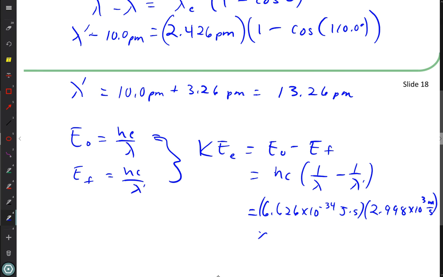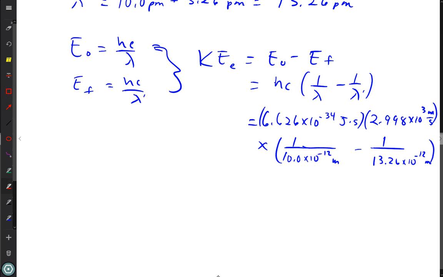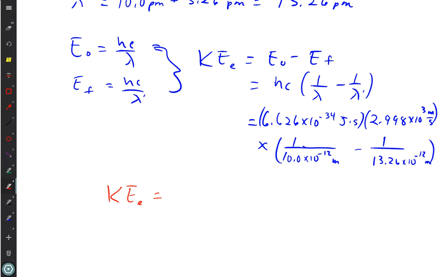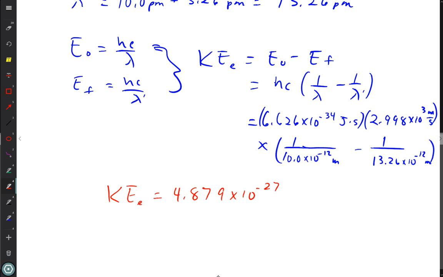Well, times 1 over, it's what? 4 point what? 4.879 times 10 to the negative 27. And what would those units be?